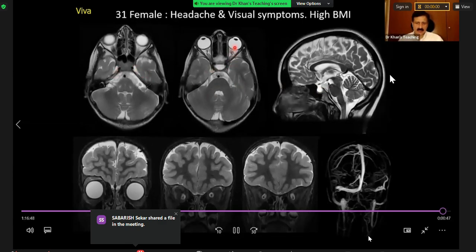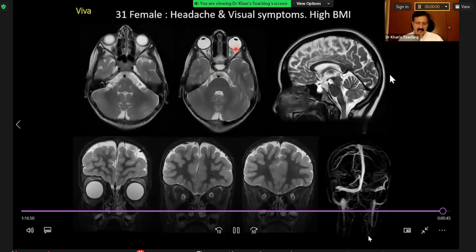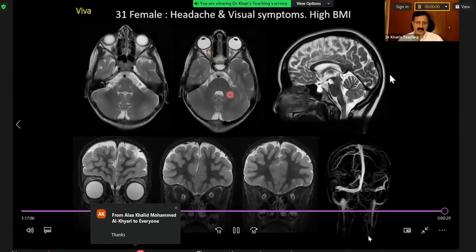Key thing is that you can see the optic nerves. The CSF around the optic nerves will be prominent. Look here, the CSF around it is prominent. You can also see the CSF around the optic nerves is prominent. There can be indentation at the sclera, at the optic nerve end. The optic nerves will be tortuous.